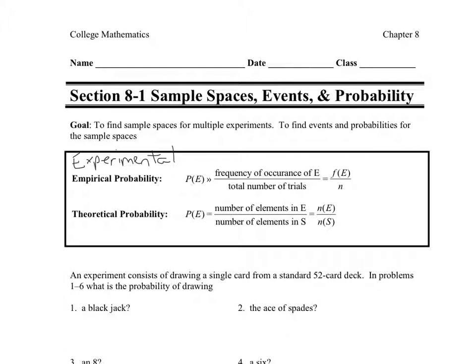So, for example, if we were wanting to toss a coin and we were talking about the number of heads that we would get out of 8 tosses, our empirical probability would be 3/8 if we get heads 3 times out of 8 tosses. Now, theoretical probability is different.